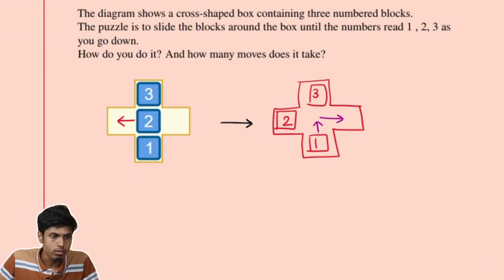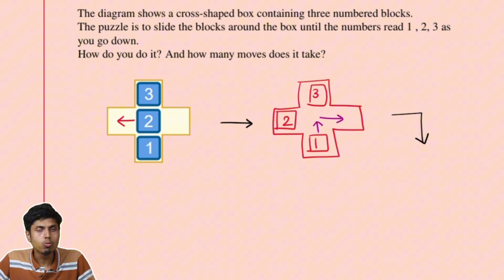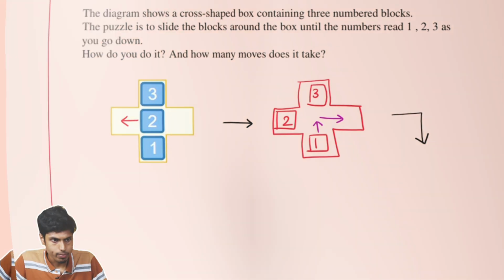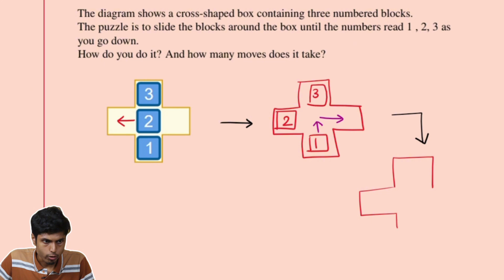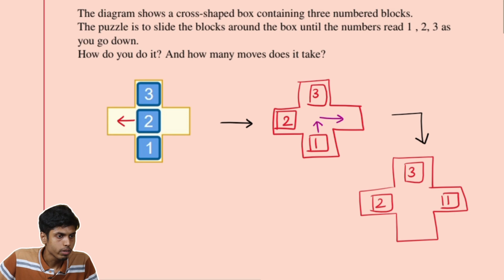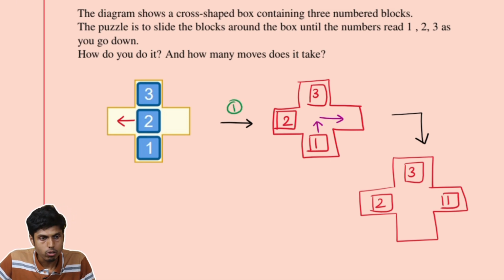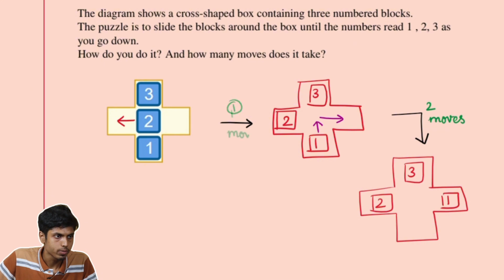So this will constitute 2 moves additionally. So therefore I get the following configuration: 3 here, 2 here and 1 here. So here we have 1 move, here we have 2 moves. Let's write 1 move here.